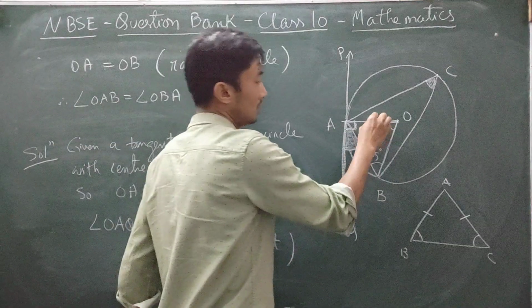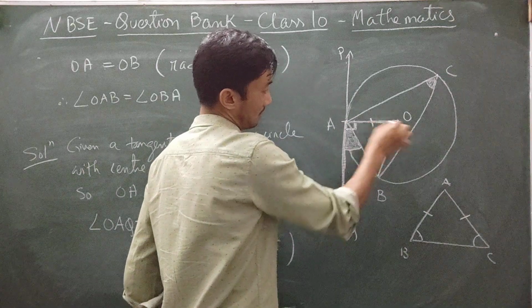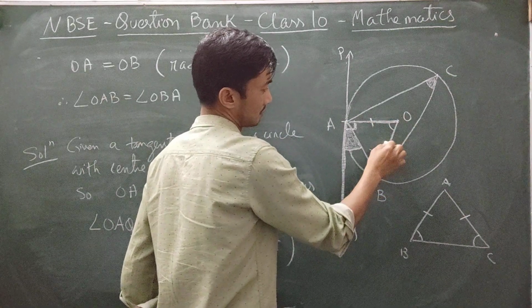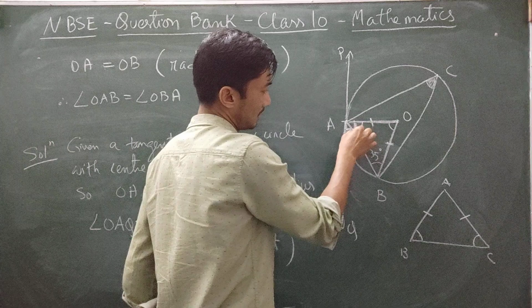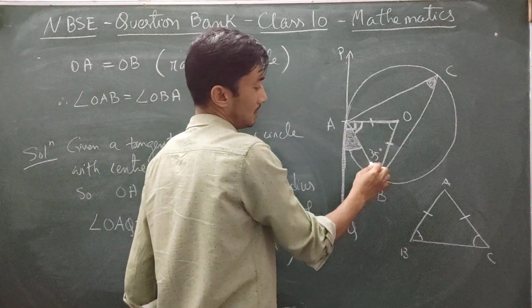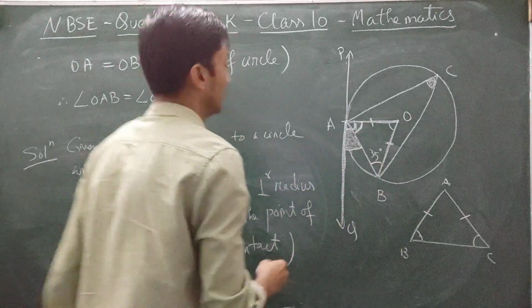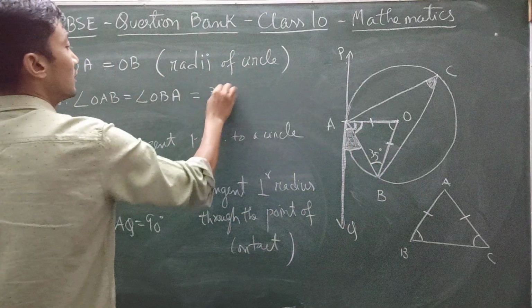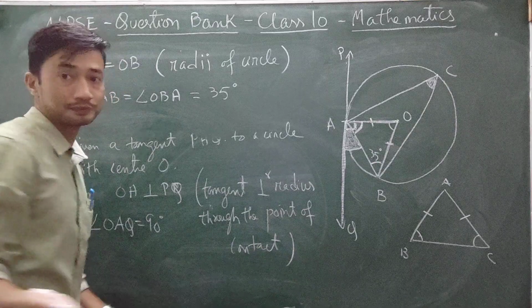That means these two sides are equal in this triangle, so these two angles will be equal. And what is OBA? 35 degrees.